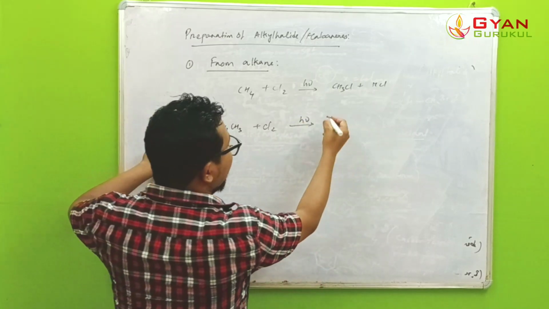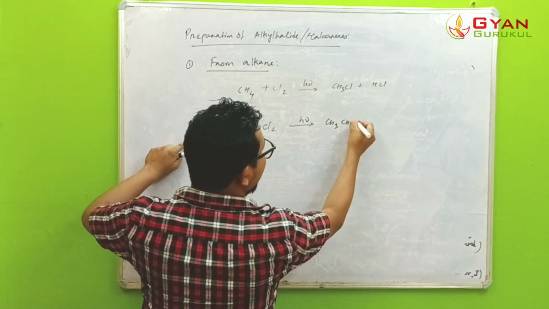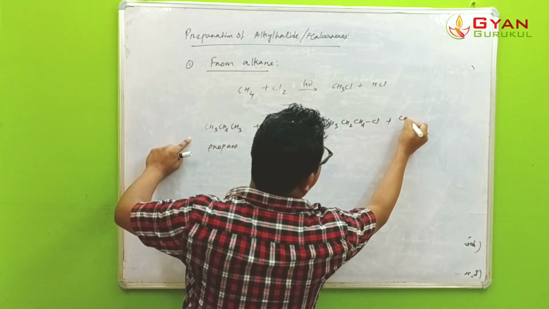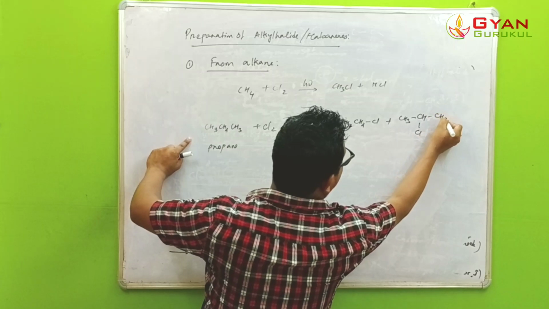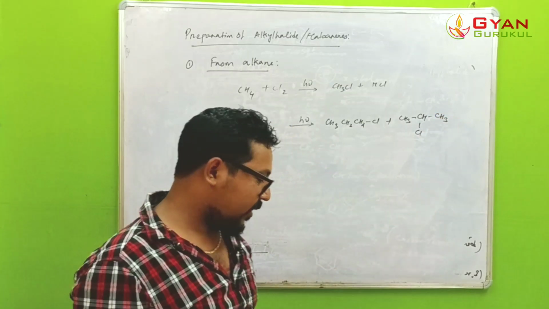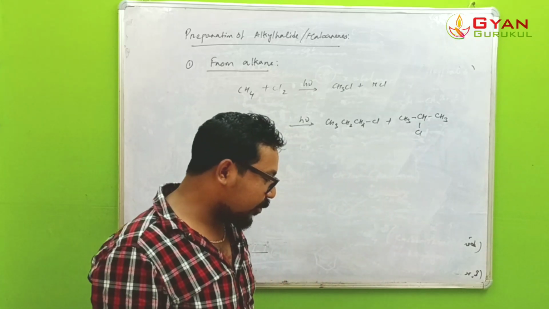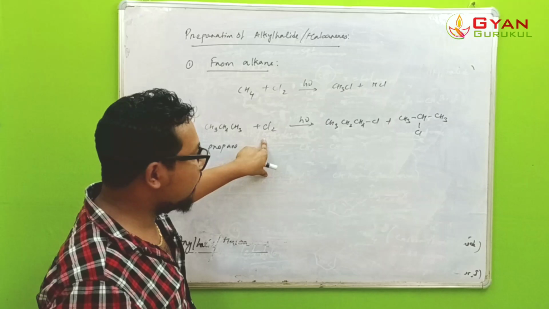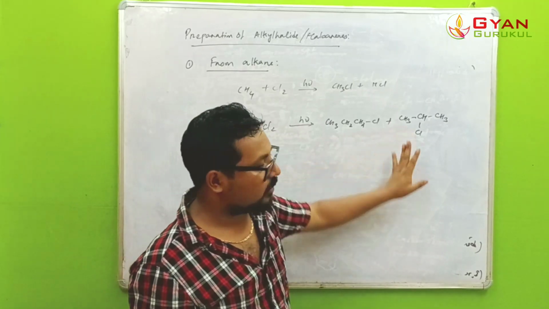So we will get the product like this: CH3, CH2, CH2Cl, and again CH3, CH with chlorine, CH3. Okay, so we'll get two products. How many products? Two products. When propane is treated with one equivalent of chlorine in presence of H nu, we'll get two products. This one also, this one also.